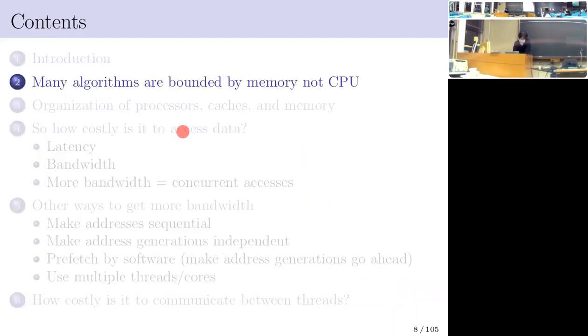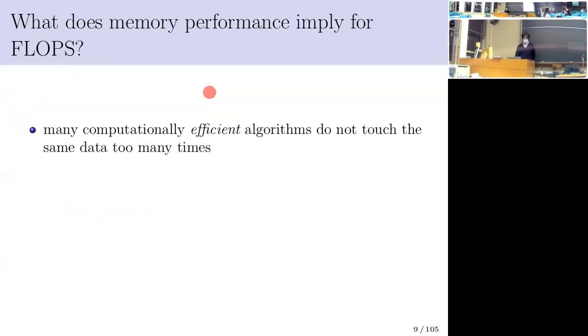So before getting into how the processor works around memory and caches, let me try to give you a little bit of motivation by speaking about the fact that many algorithms are actually memory bound, so that the performance is actually limited by the memory performance, not the processor performance.